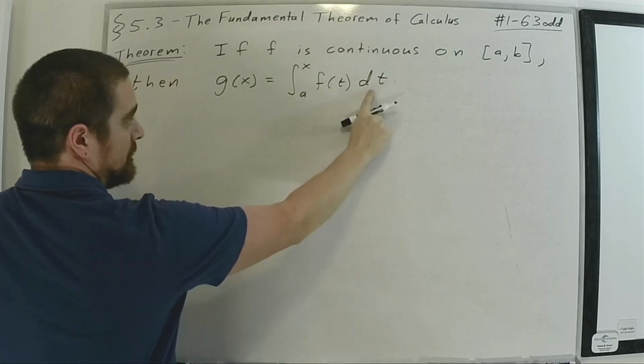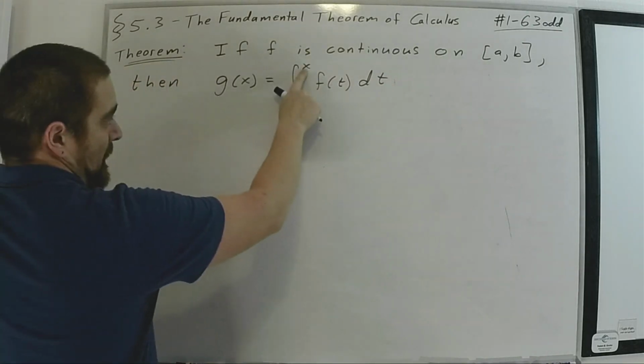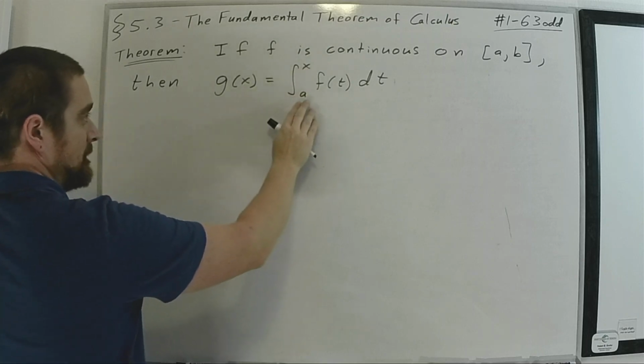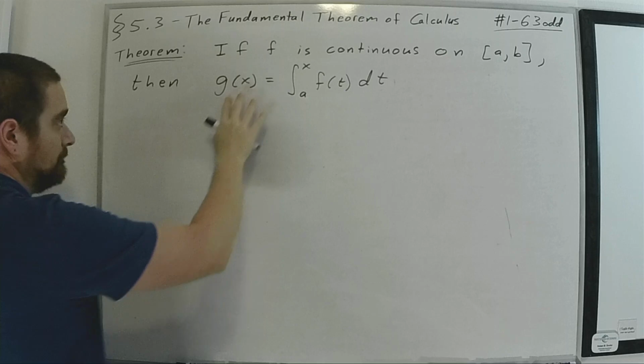So I'm integrating this with respect to t. My upper bound is x. Some people like to write 0 to x, but really this could be any real number, a to x.